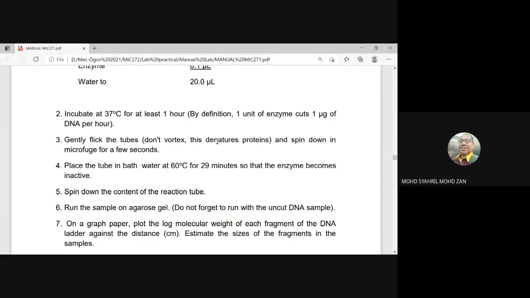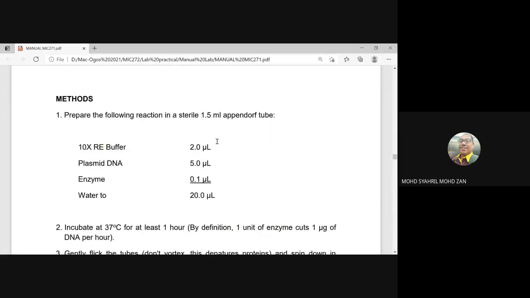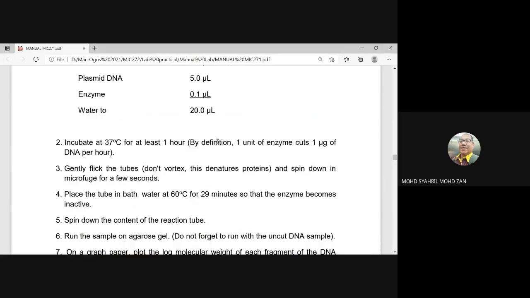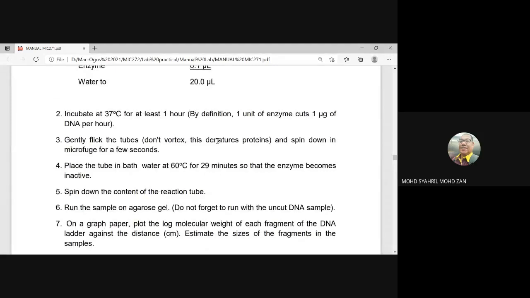Flick means you just tap your 1.5 milliliter Eppendorf tubes. And then spin down in the microfuge for a few seconds. The speed is maximum; if you have a microcentrifuge, spin at the maximum setting. And then place the tube in a water bath at 60 degrees Celsius for 20 minutes.